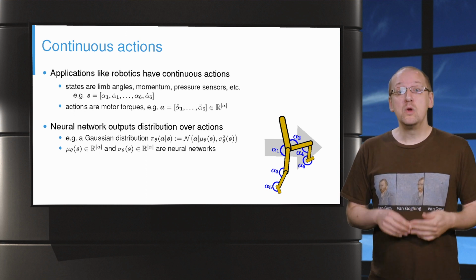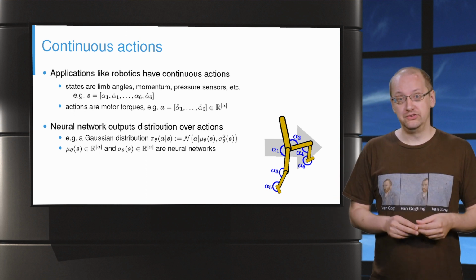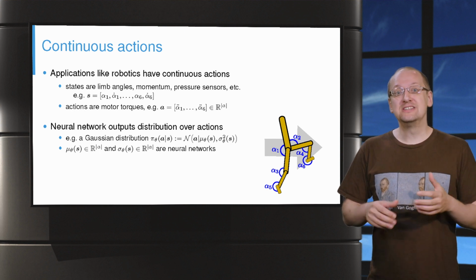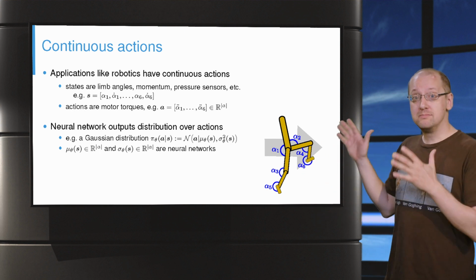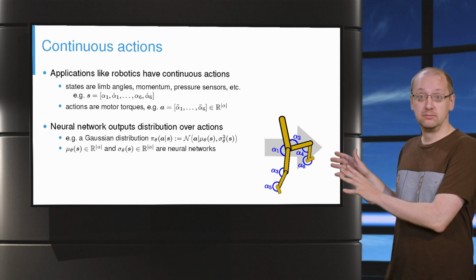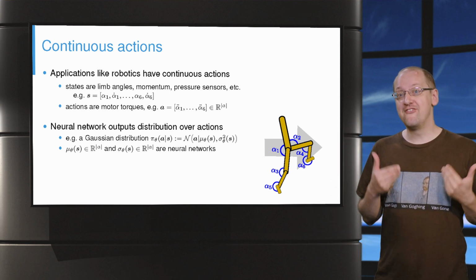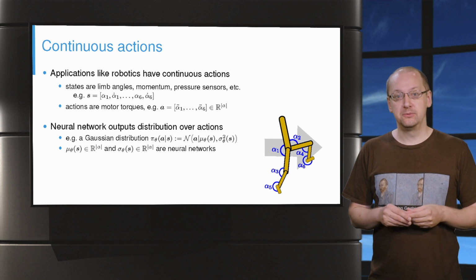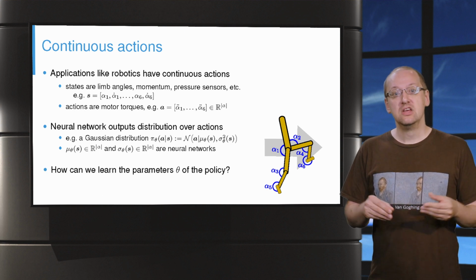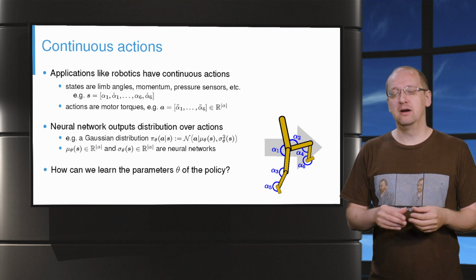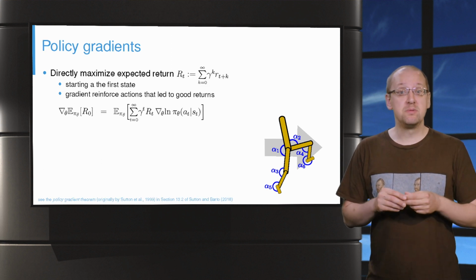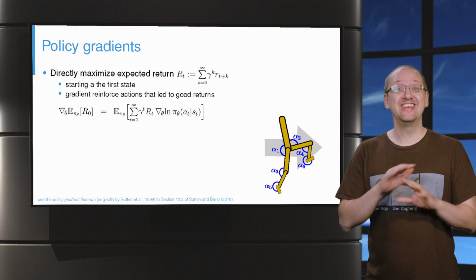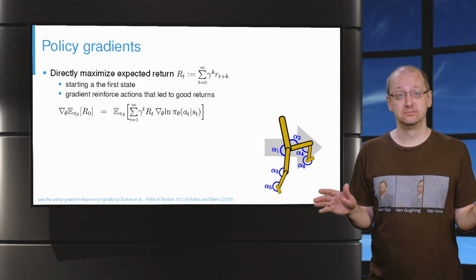Instead, we will learn a neural network policy, which outputs an entire distribution over actions. For example, we can model a Gaussian distribution by learning the means and variances with a neural network. But how can we learn the parameters of this policy? It turns out this is possible even without learning any value functions.